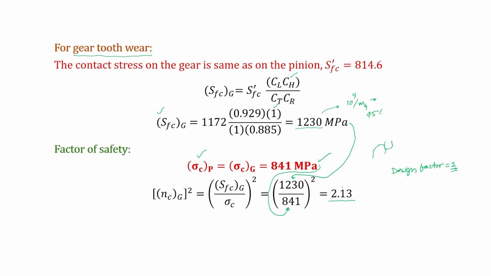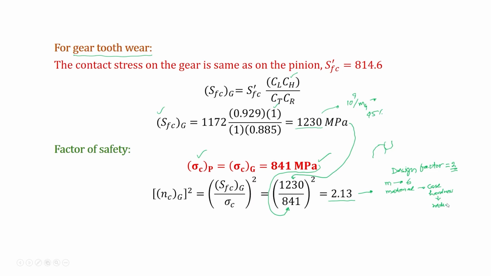So, if we want to make it just equal to 2, we can take many decisions. That means the design decisions were taken for the module, it was taken as 6. We can change the value of the module so that this design factor comes as 2, or we can change the material. It is the surface stress or related to surface strength, and so the case hardness can be reduced.